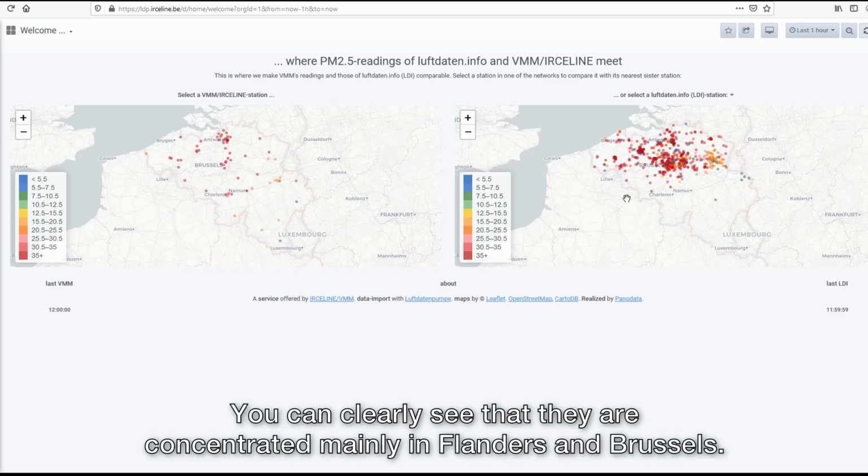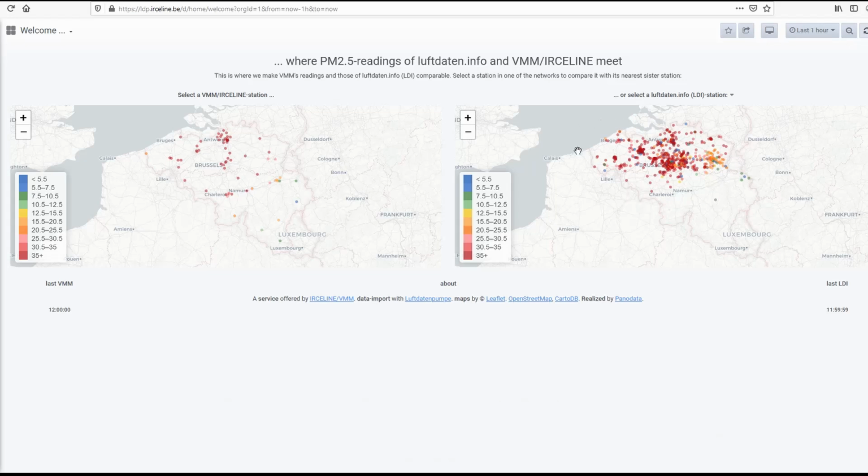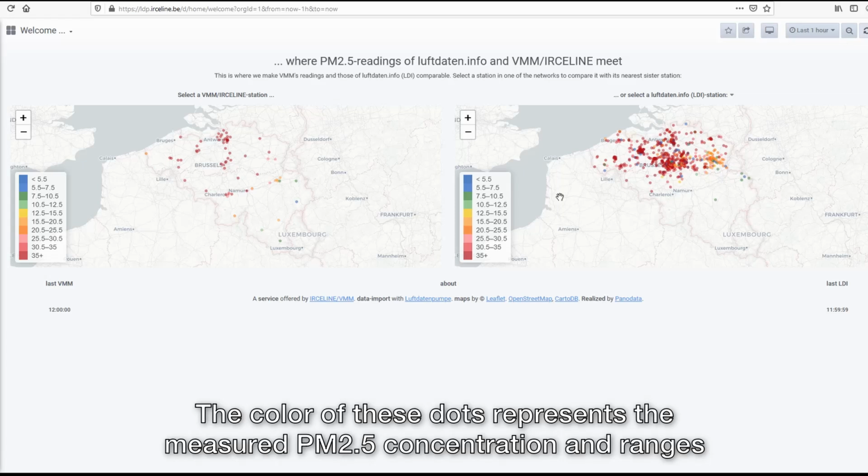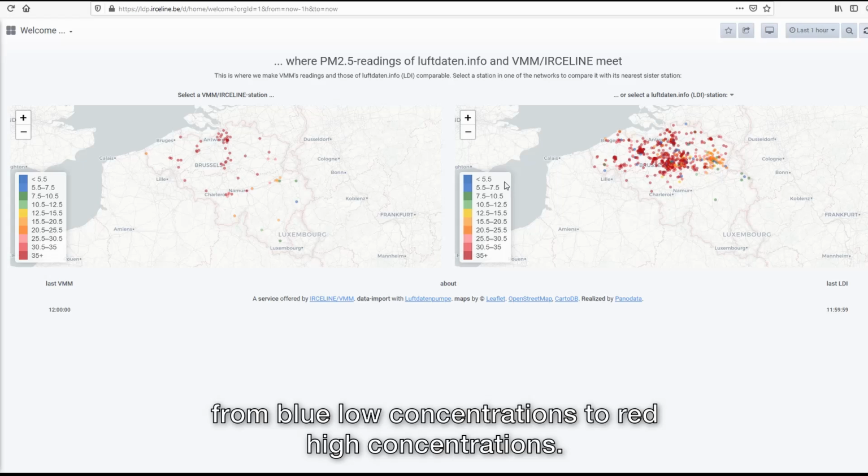You can clearly see that they are concentrated mainly in Flanders and Brussels. Currently, the total number of active sensors is around 800. The color of these dots represents the measured PM2.5 concentration and ranges from blue, low concentrations, to red, high concentrations.